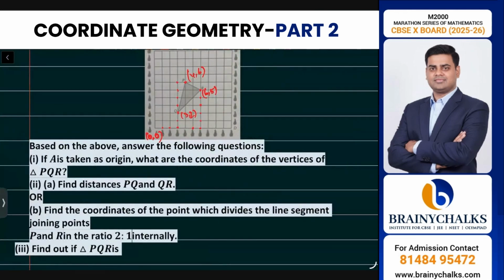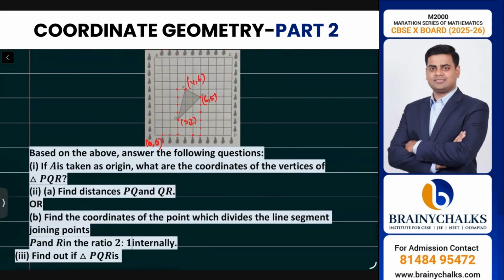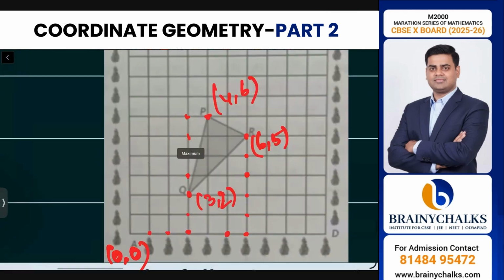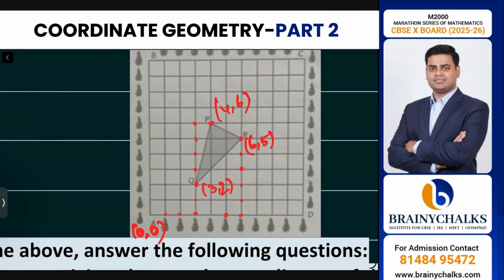Coordinates of the vertices of triangle PQR are done. Find the distance PQ and QR. PQ will be root under 4 minus 3 the whole square plus 6 minus 2 the whole square. So root under 1 plus 4 squared, 16. So what does PQ come to?